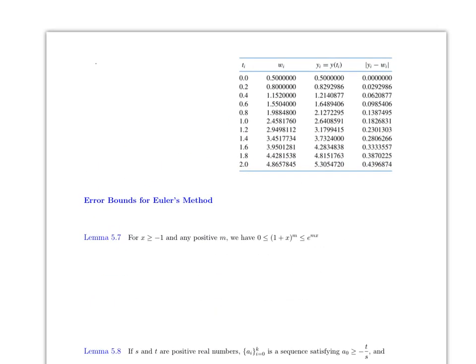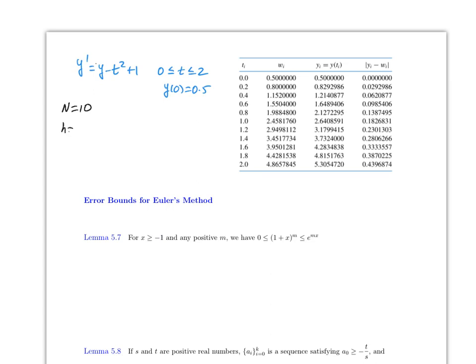Right, let's look at the same problem that we just had, which was y prime equals y minus t squared plus 1, with t between 0 and 2, and the initial condition 0.5. Instead of having n equal to 4, let's say that n is equal to 10.